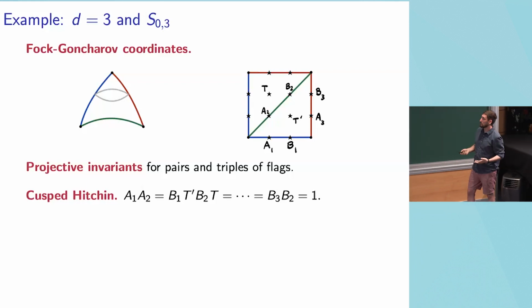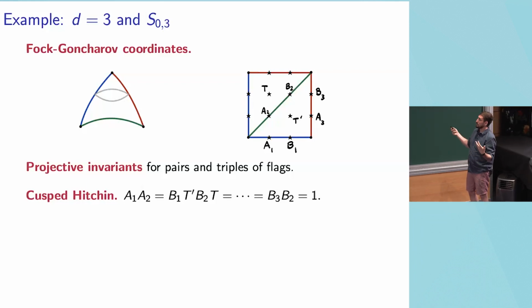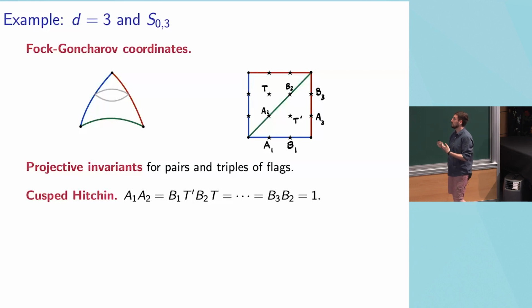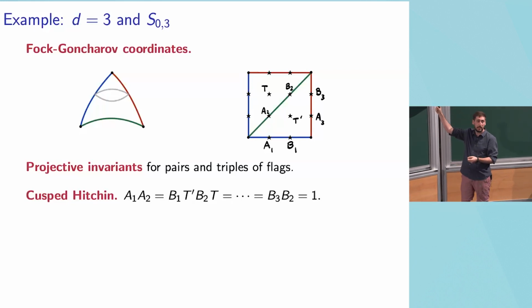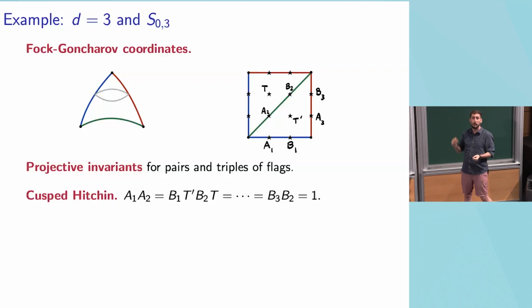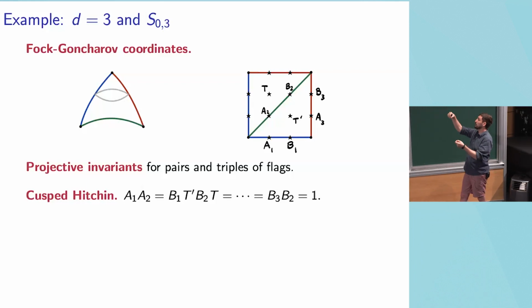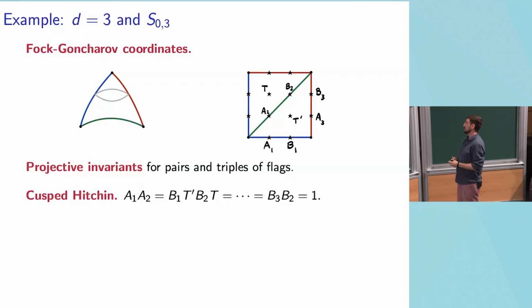And so Fock and Goncharov associate to such an object invariants of pairs of flags and triples of flags. Every time I see an edge, I see two flags, and every time I see three vertices, I see a triple of flags. There are projective invariants associated to these objects.